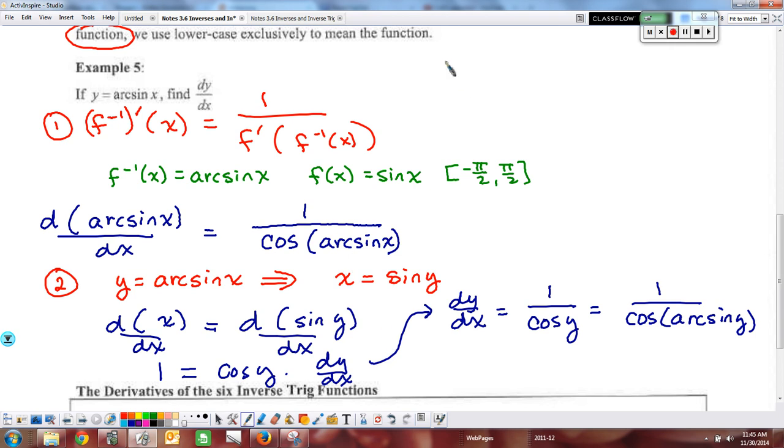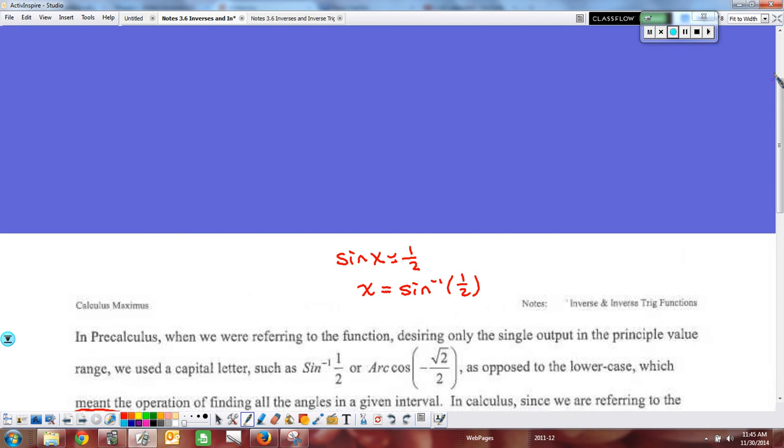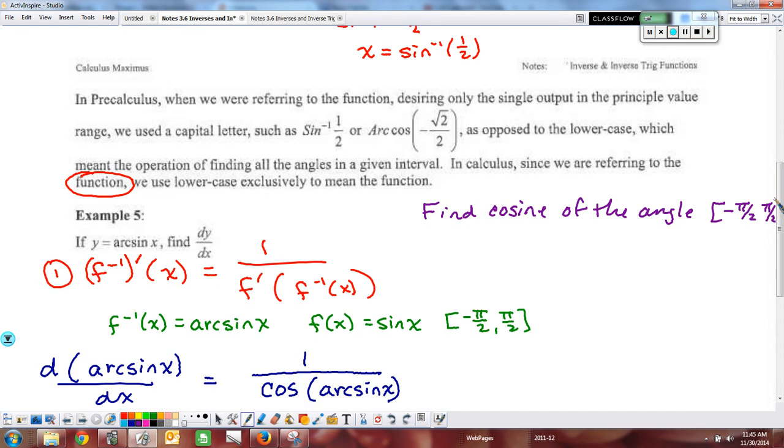A little bit of review: if I want to find the cosine of the angle, and this angle, because of the principal value range, is negative pi over 2 to pi over 2, whose sine ratio is x, or we'll do this as x over 1.